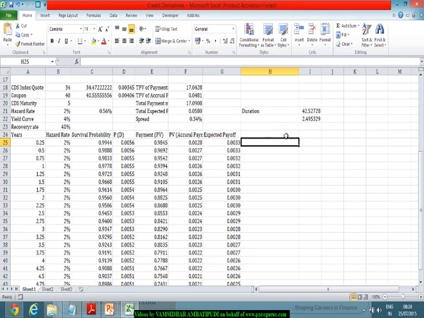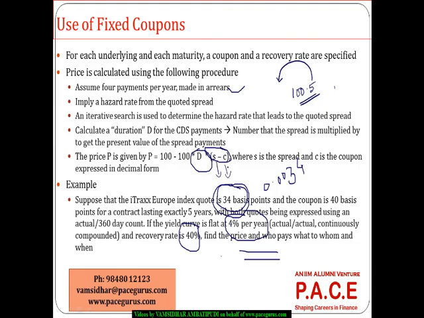So in this case, if I want to find out the price, we are simply talking about the duration, 100 minus 100 times duration times S minus C. Right?